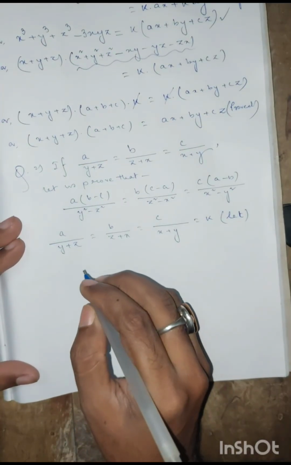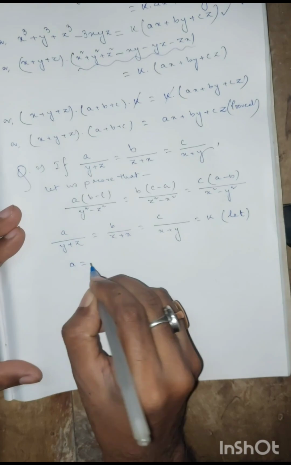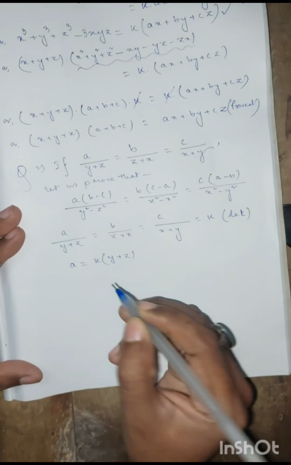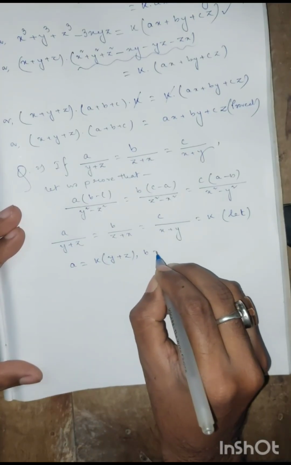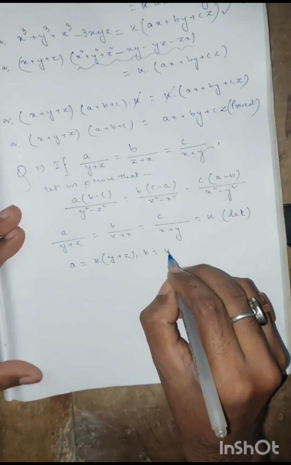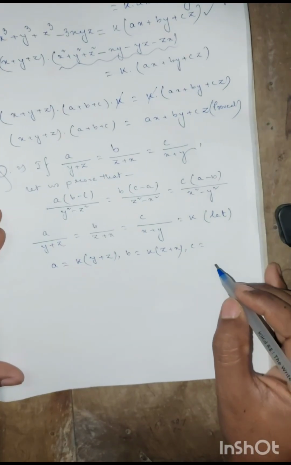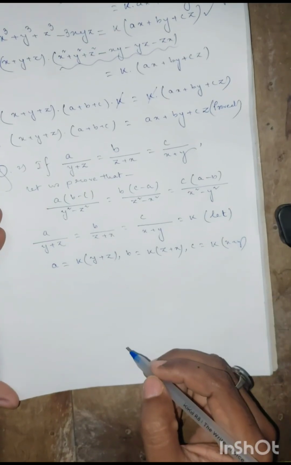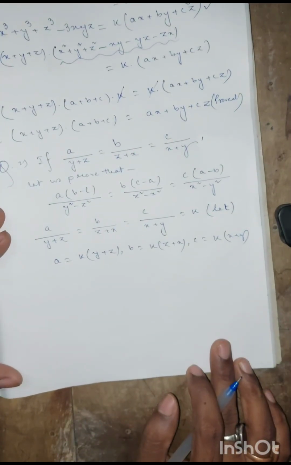Now we can write a is equal to k into (y plus z), b is equal to k into (z plus x), c is equal to k into (x plus y). So we are getting these values of a, b and c.